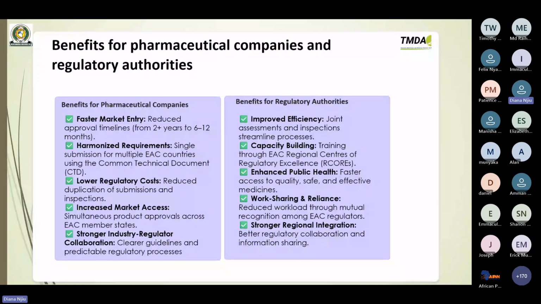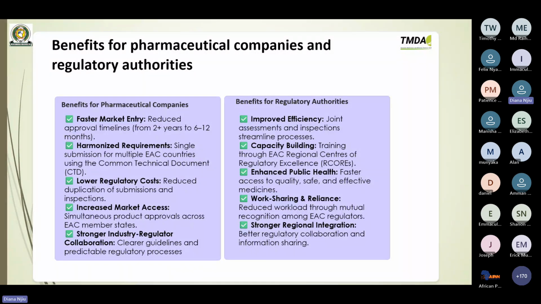As a result, there is also capacity building from the joint inspections and the trainings, and different NMRAs have been benefiting from that. And also enhanced public health, with faster access to quality, safe and effective medicines.